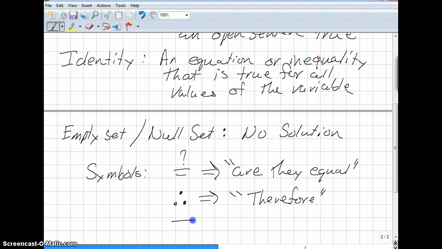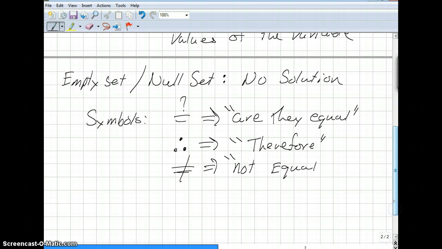And then of course you all should know the not equal sign. So it's translated not equal. And then we have the 0 with the line through it, or brackets with nothing in it. And that is translated empty set or null set.